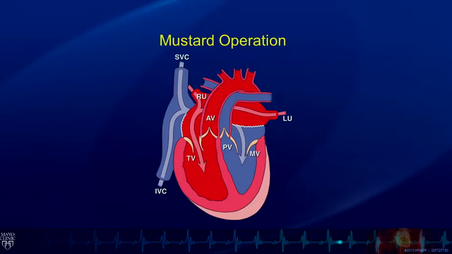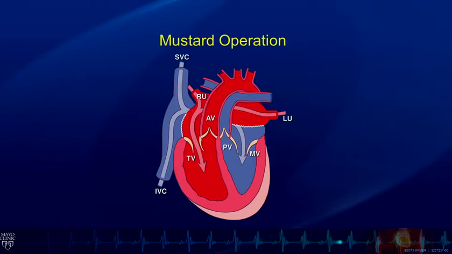And in this operation, systemic venous blood, as demonstrated here, SVC and IVC, is redirected across the mitral valve and into the left ventricle, because remember, the left ventricle is connected to the pulmonary artery.